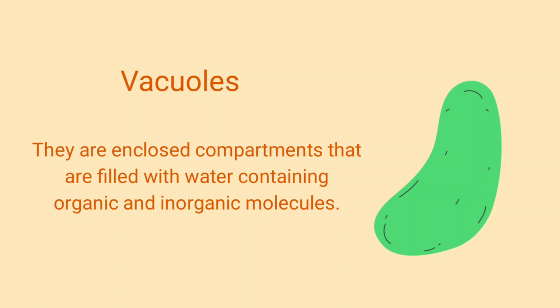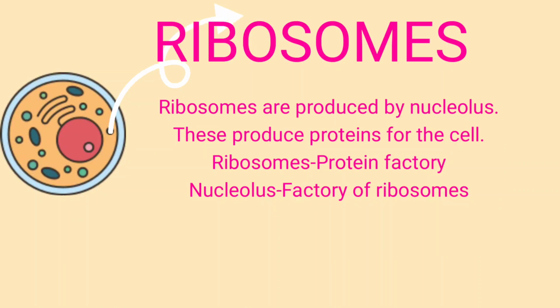The next one is ribosomes. Ribosomes are small bump-like structures which are produced by the nucleolus, as discussed at the beginning. These help in the production of proteins, so these are also known as the protein factory.